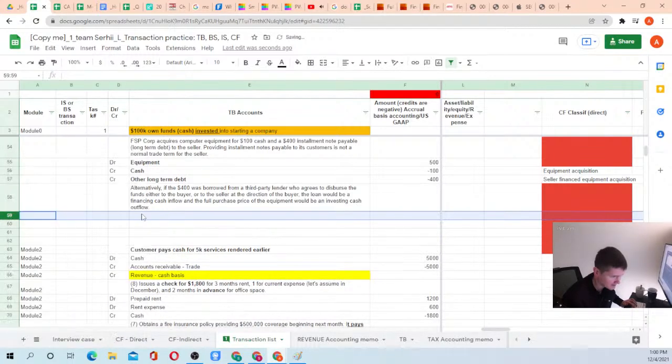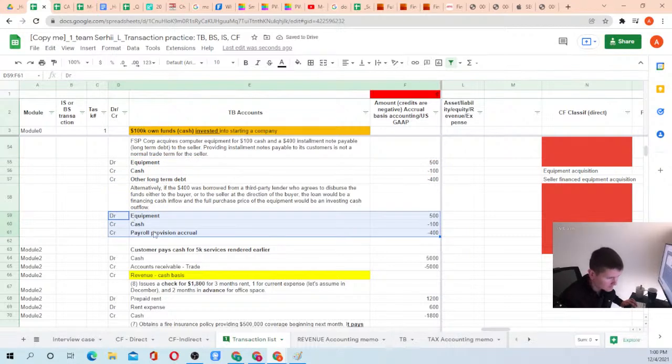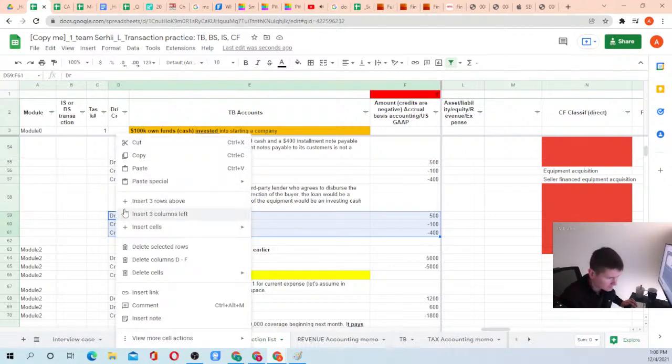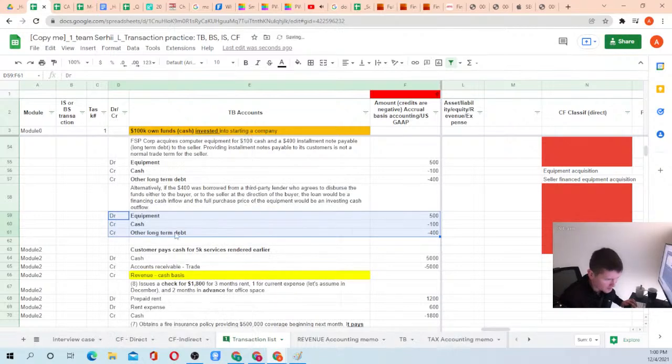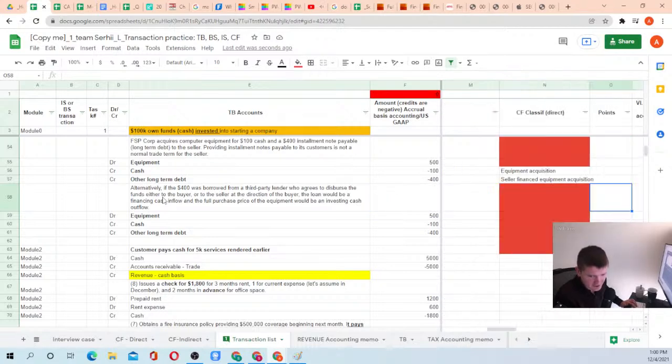And it's interesting that in that case, basically all of the transaction will be the same. Let me paste values. So all numbers, all debits and credits will be the same. But we will have different cash flow impacts. Our equipment acquisition will be here, and it will be with a plus sign.